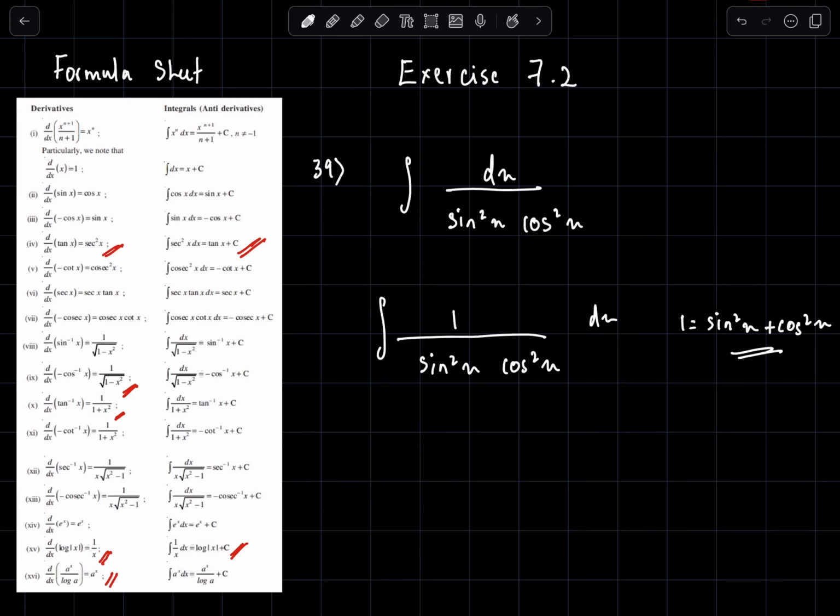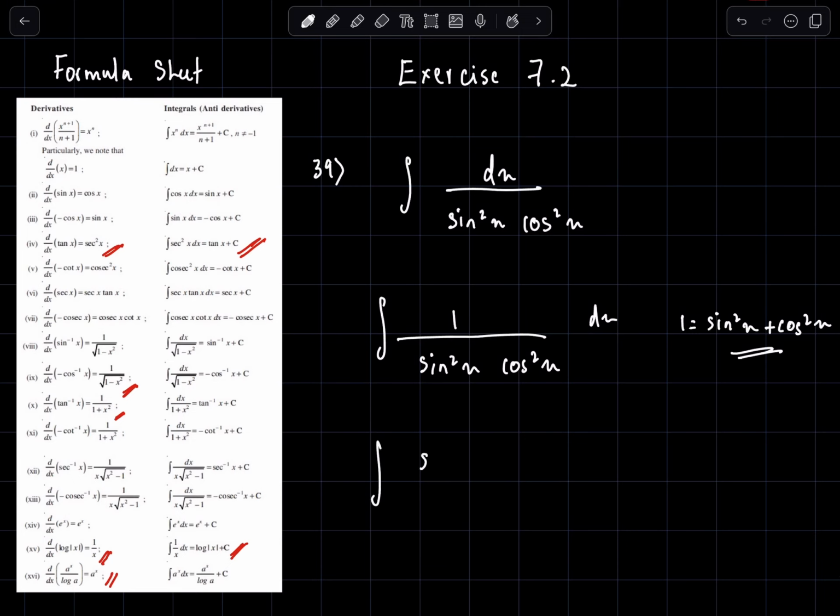That's the only way, to be honest, because no matter what you do, you can take these up and make it cosecant, and cosecant square, sine square, it's not going to work. Secant and cosecant square, nothing's going to work. This is your best option.